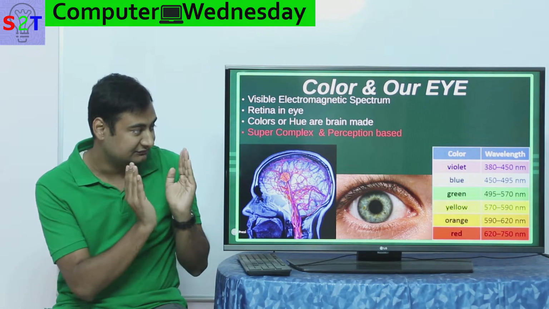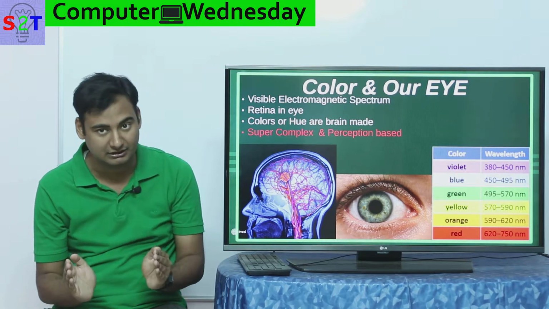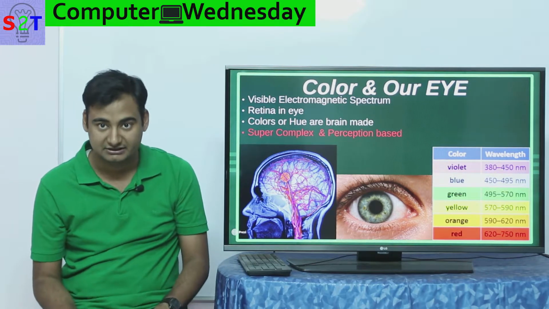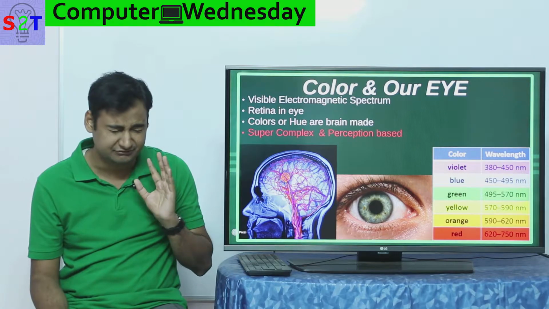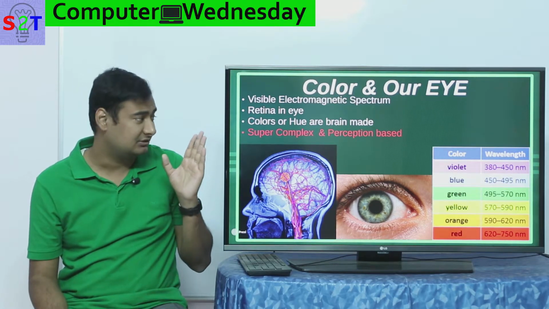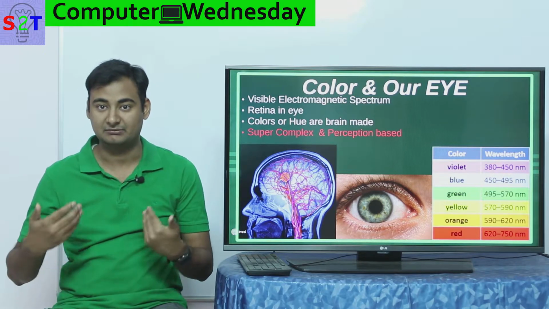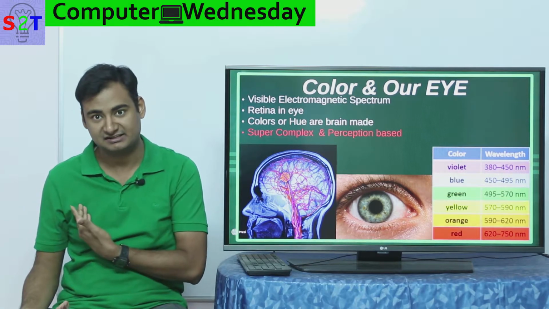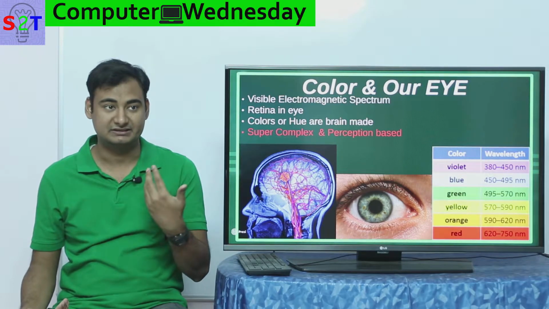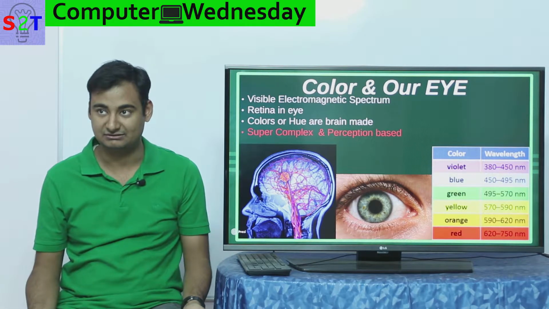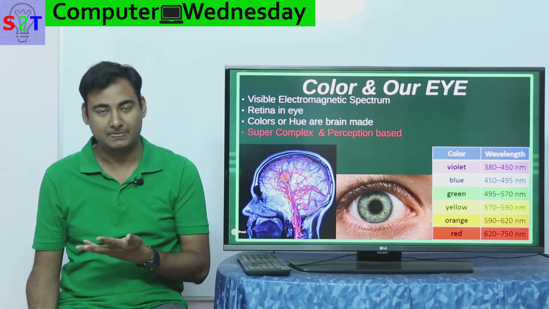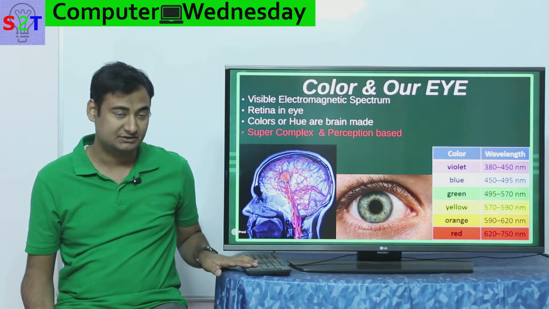If I receive something from 380 nanometers to 450 nanometers, I'm going to call it violet. On top of that, because it's perception based, it's very hard to quantify. Somebody might say this green that I'm wearing is grass green, somebody will say it's tan green, somebody will say it's patina green. There are many situations.